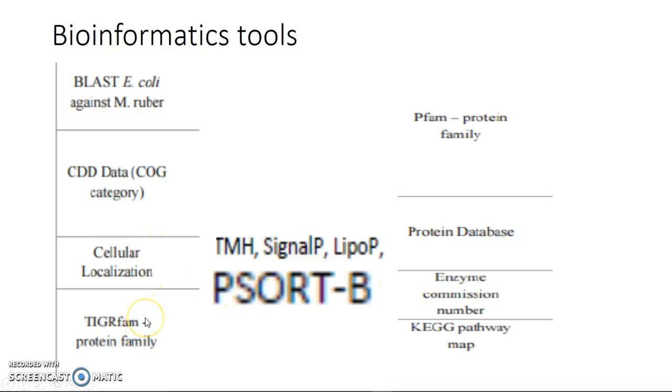TIGRFAM is a database of protein families, just like Pfam, and they have an array of different proteins and genes that you can compare your genes to and see any similarities. PDB, or the Protein Data Bank, has a lot of really cool crystal structures, which are very thoroughly researched, and we used these to compare our proteins to, because crystal structures are very organized and good comparisons.